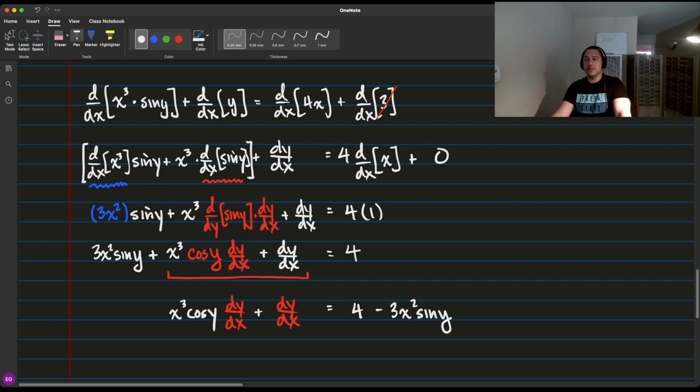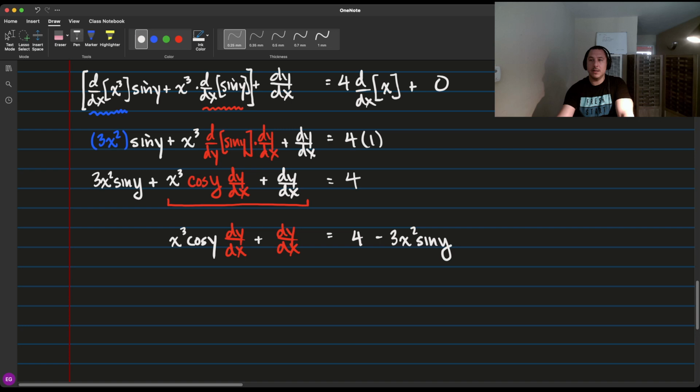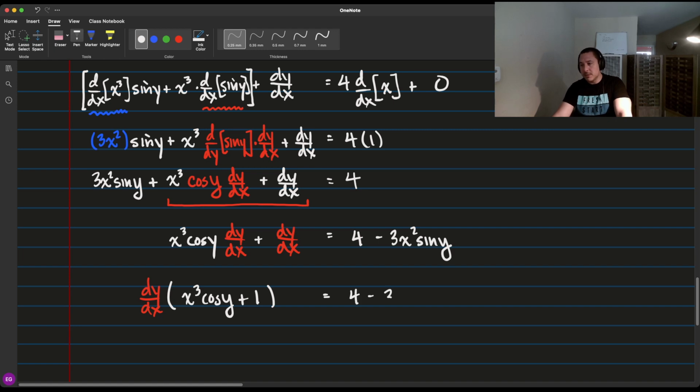So to solve for dy dx, I'm going to factor it out. If I factor out dy dx, that's going to give me x cubed cosine y plus 1. And then what is this equal to? 4 minus 3x squared sine y.